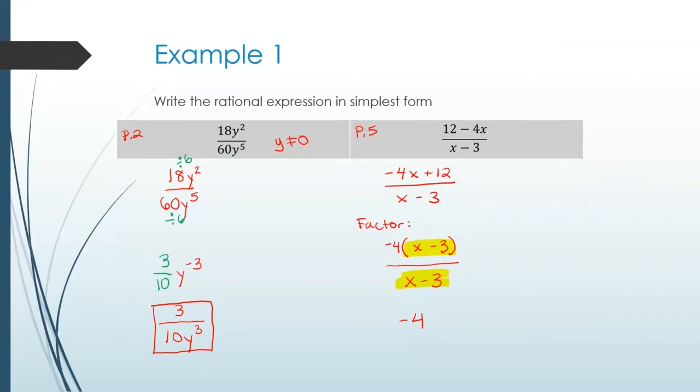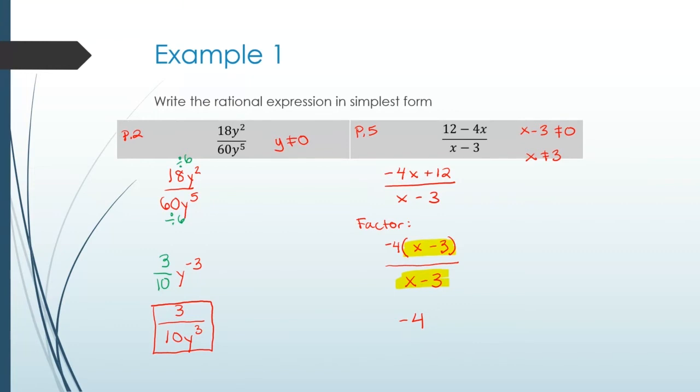Now, here's the thing that we have to consider, and that's the domain. So in our original problem, x minus 3 cannot be 0, which means that x can't be 3 because 3 minus 3 is 0. That has to carry down to our answer because we divided everything by an x minus 3. We basically removed it.